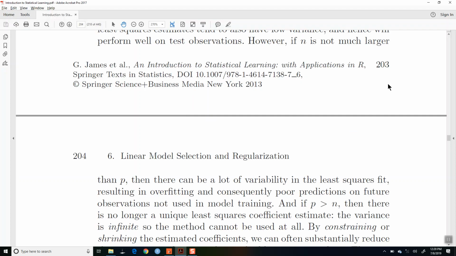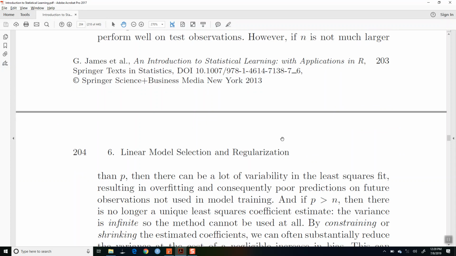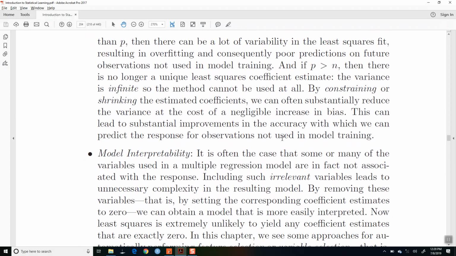What data you have in your data set right now will really influence your coefficient estimates, and if somebody else takes another random set, they might get entirely different coefficient estimates.